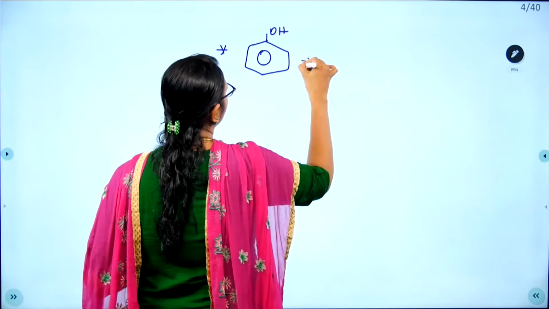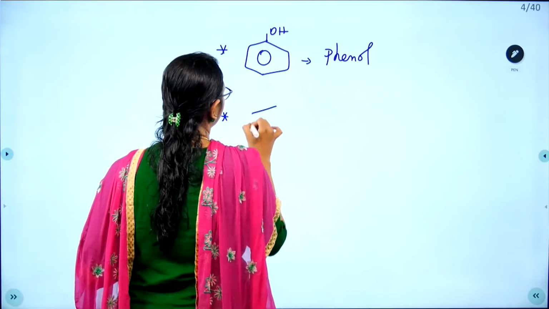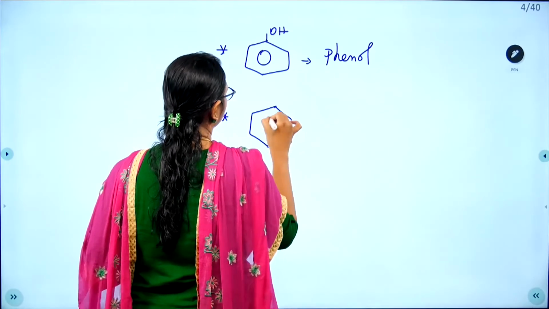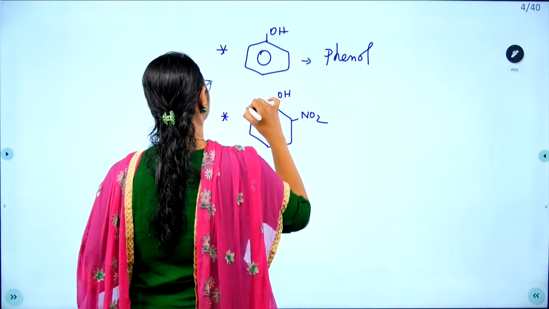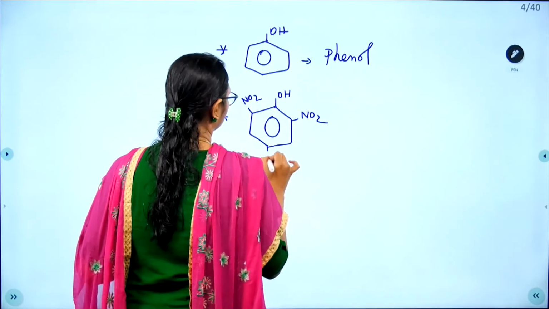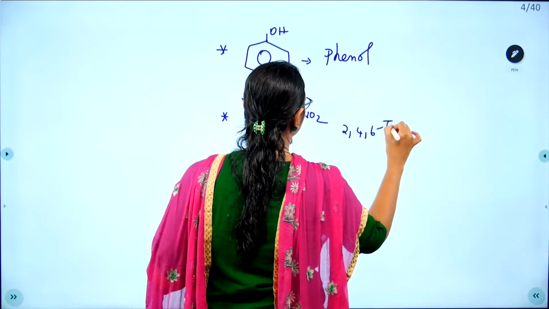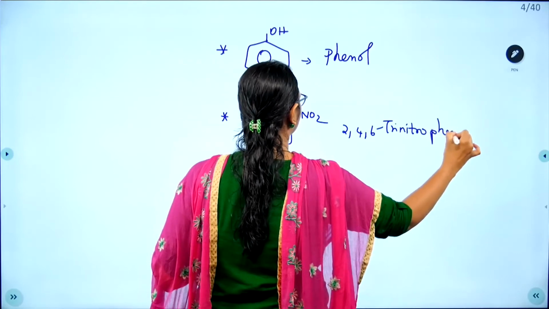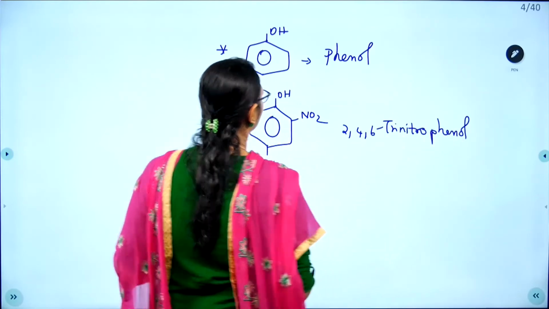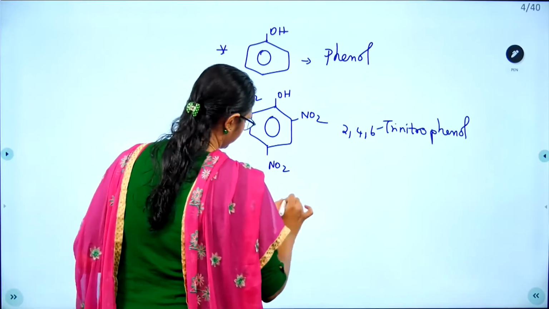This is called phenol. This one is 2,4,6-trinitrophenol, which is picric acid.